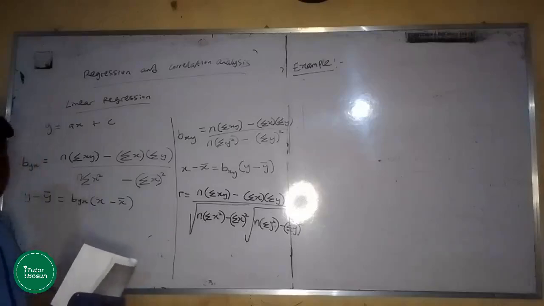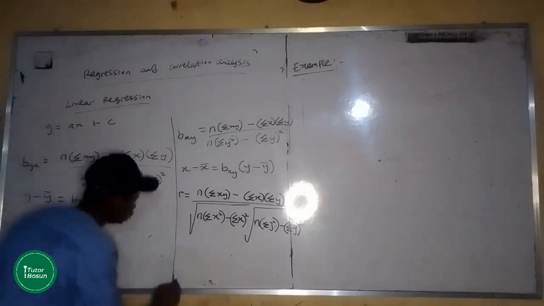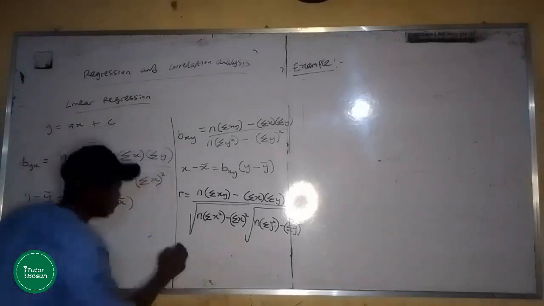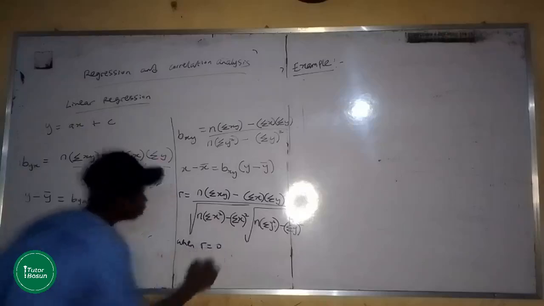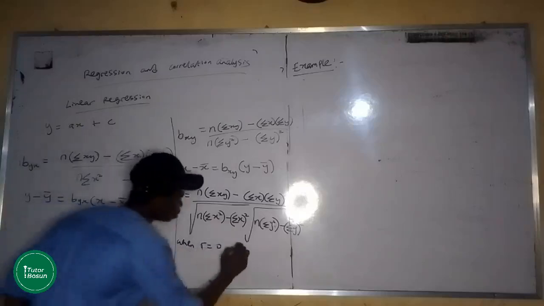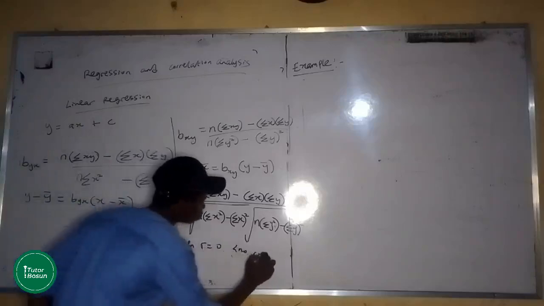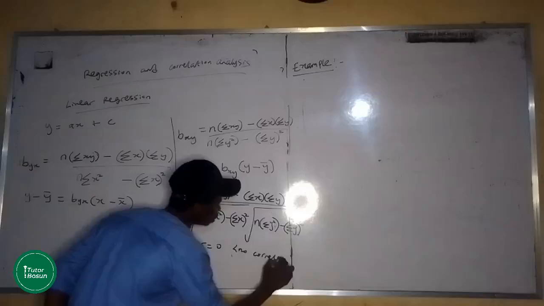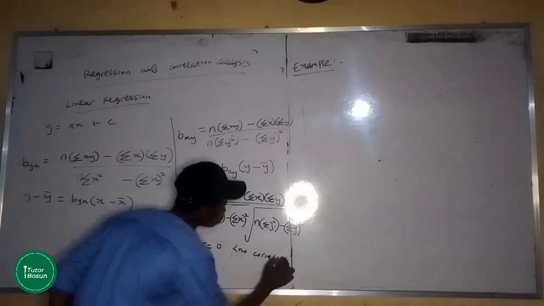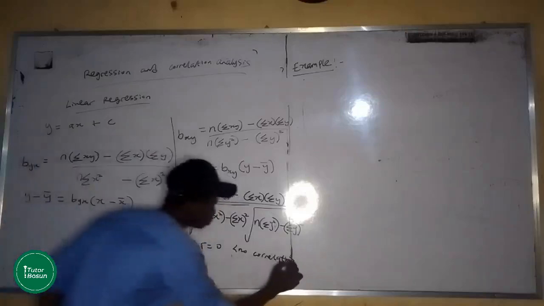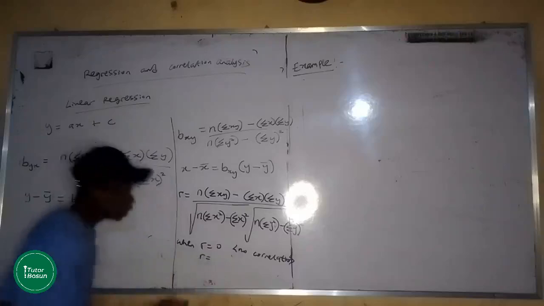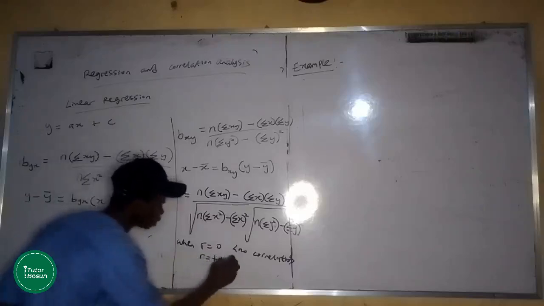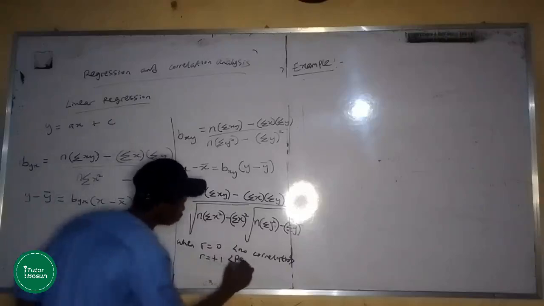And you should also take note that when R is 0, it means no correlation. When R is plus 1, that's perfect positive.